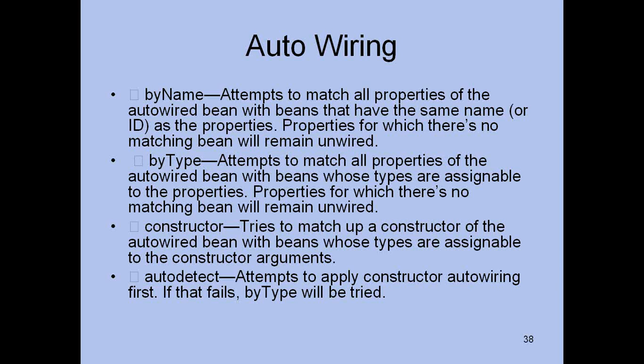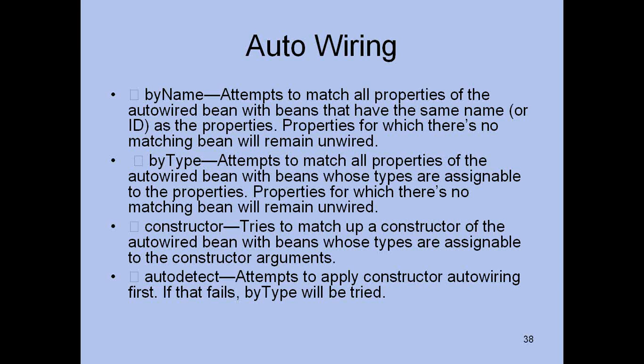The constructor mode tries to match a constructor of the auto wired bean with beans whose types are assignable to the constructor arguments. So that is auto wiring by constructor. Depending upon the arguments of the constructor, if the Spring configuration has a bean matching the argument types of the constructor, those beans will be injected into the constructor.